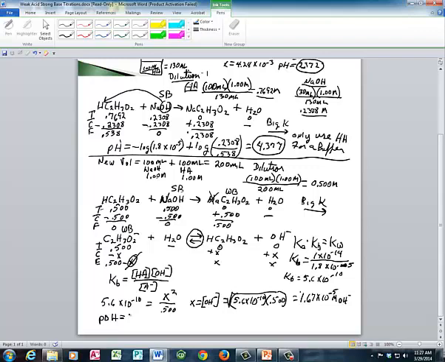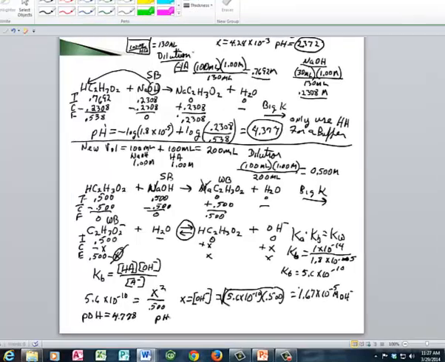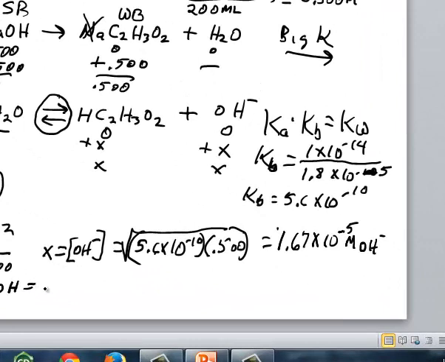The pOH is 4.778, and to get the pH, I simply subtract the pOH from 14, which is the pKw, so 14 minus 4.778, and that's equal to 9.222. And that's the pH of my solution at the equivalence point.